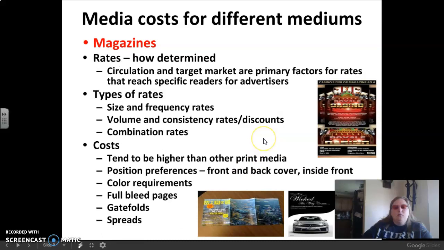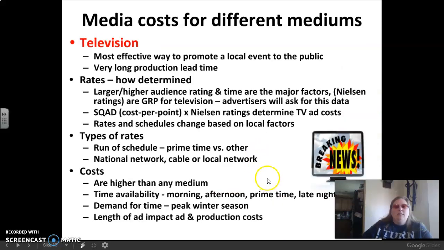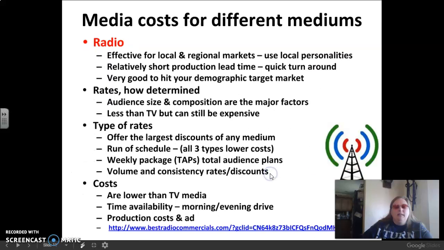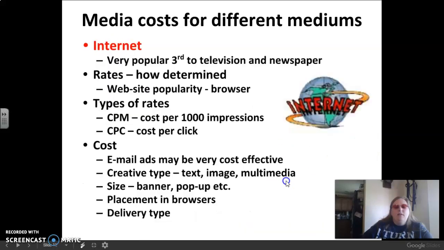Magazines are obviously really good for certain intended audiences, as well as they're very colorful and vibrant and a good resource. Costs are going to be more. Then you have TV, which is obviously the most expensive. Then you have radio, so you want to read about the radio and how their costs work. And then the internet, which we've talked about before. Types of rates on the internet are CPM, cost per 1,000 impressions, and CPC, cost per click.